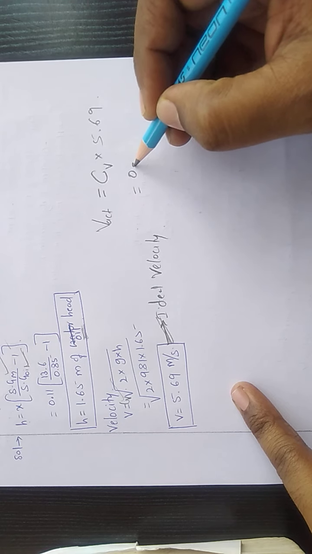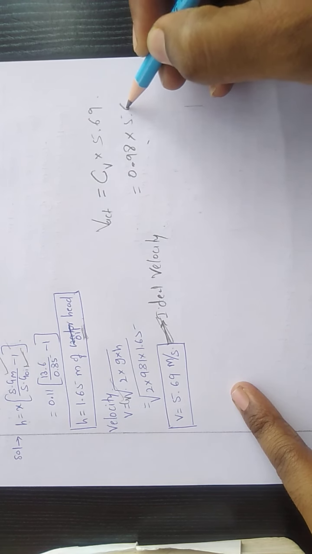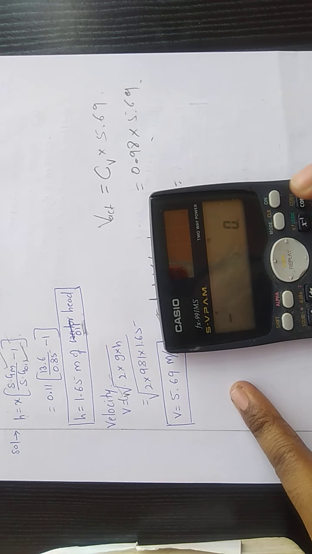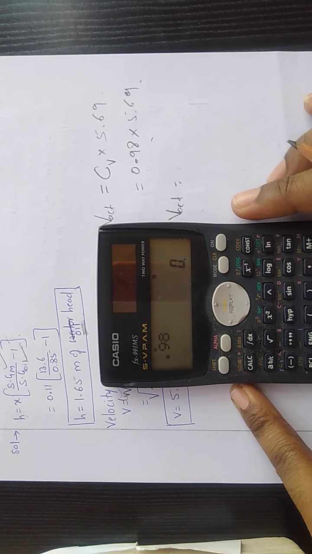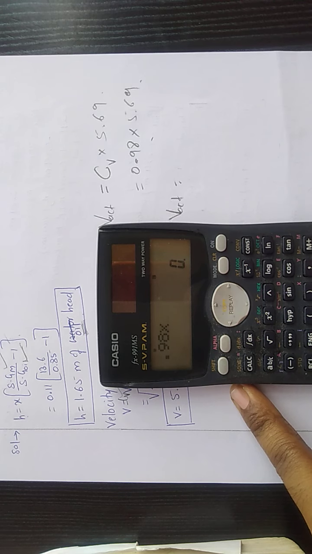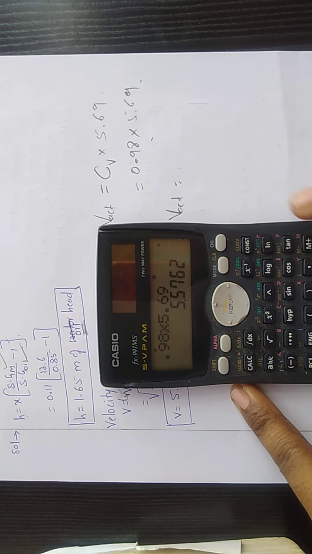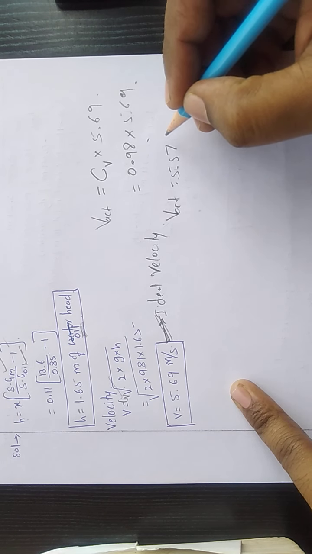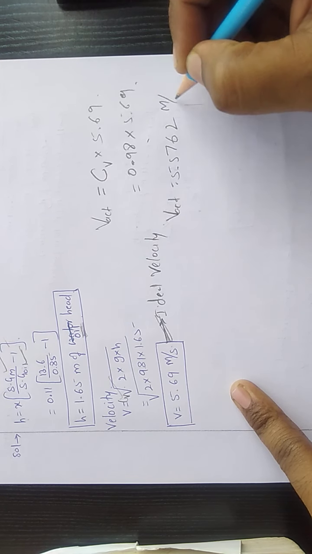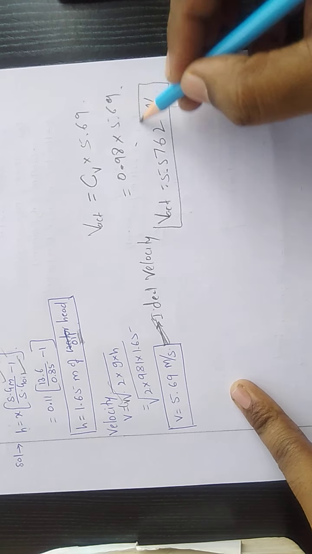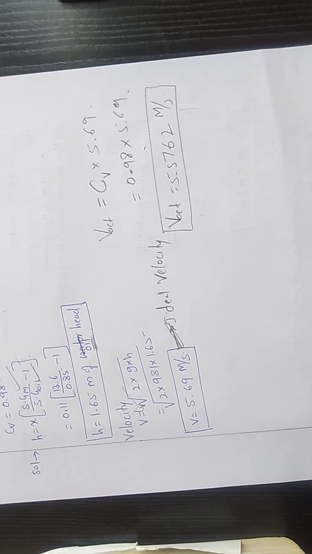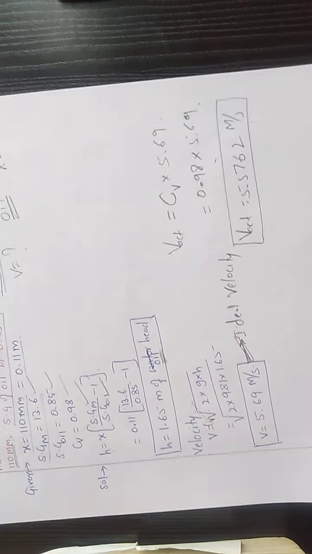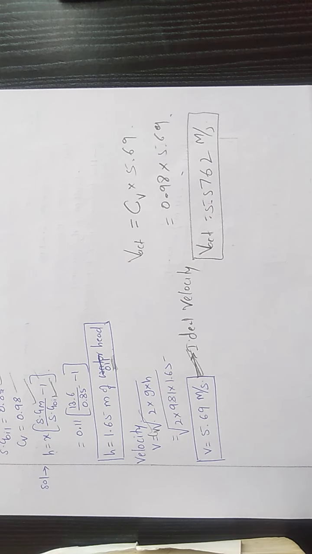So the actual velocity is 0.98 into 5.69, which is 5.5762 meters per second. So this is the actual velocity. This is about the pitot tube. Thank you.